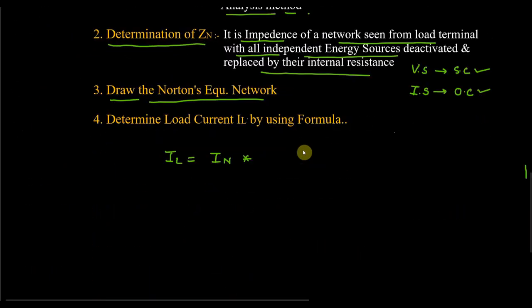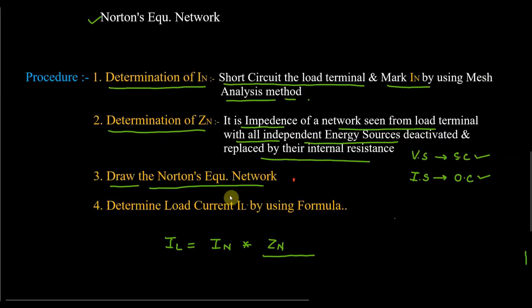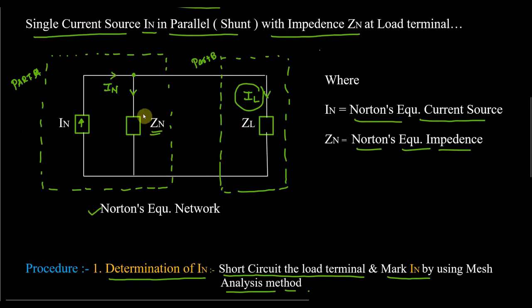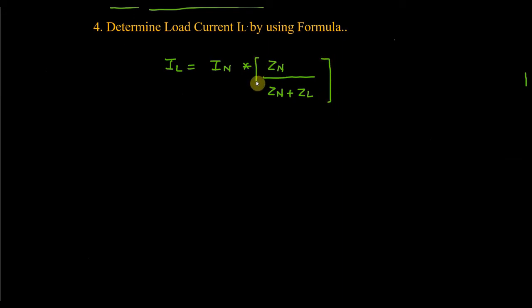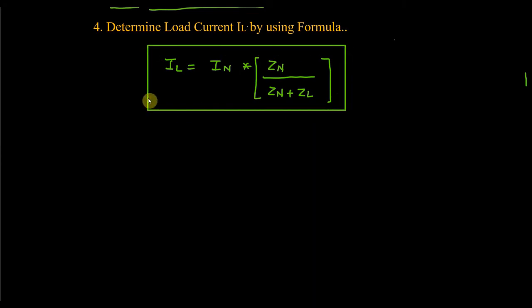So multiplied by Zn, divided by the sum of the parallel impedances. This total current is divided into these two impedances, which are in parallel. So the formula is Zn plus ZL. By using this formula, you can easily calculate the load current flowing through any electrical circuit.